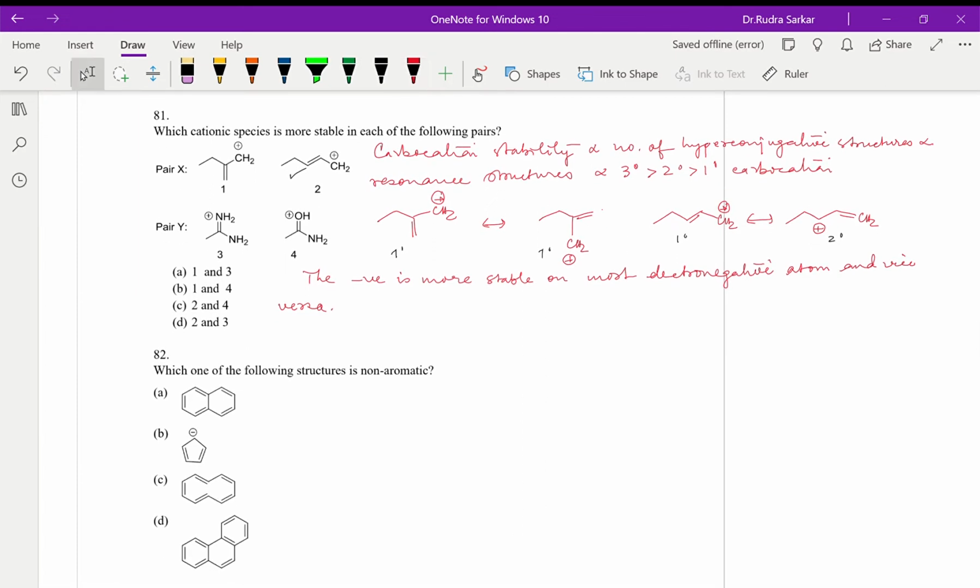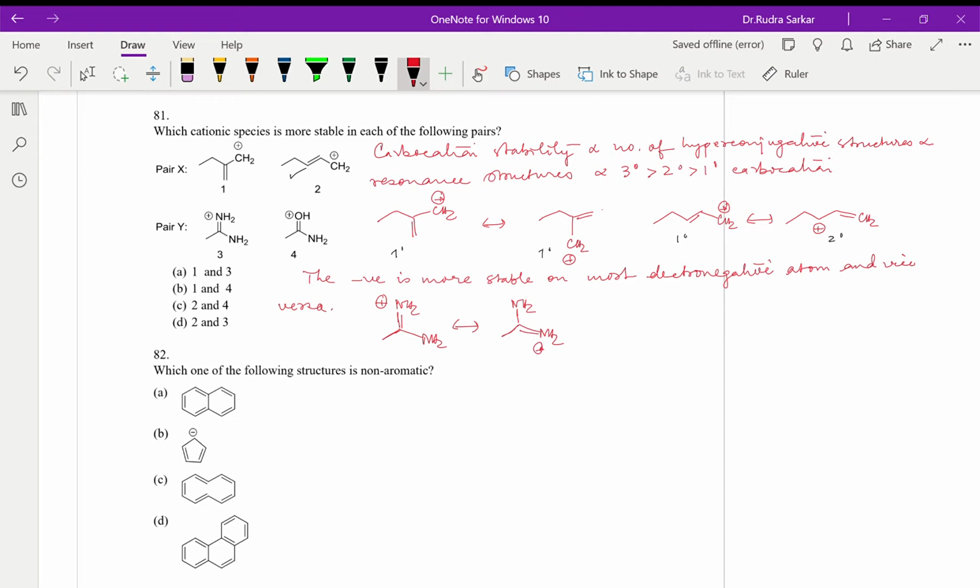That means positive charge should be stable on the least electronegative atom. So if we consider it that way, let us write the resonance structures. That is one way of writing.